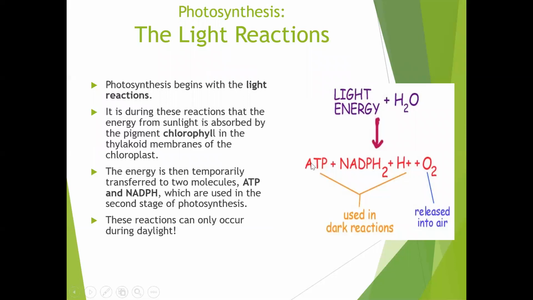We get ATP and NADPH. These are going to store energy. The oxygen is released into the air. It does not go into the dark reaction. And then we have the hydrogen. Now, where did the hydrogen and the oxygen come from? Well, they came from the water. And where did these come from? Well, these came from the dark reactions. So these actually cycle between the light and the dark.